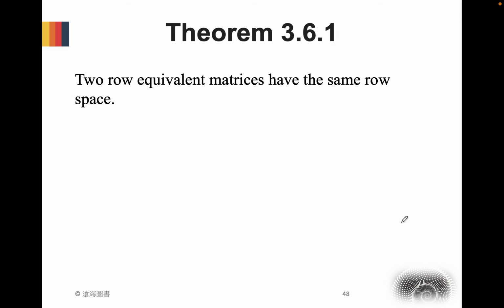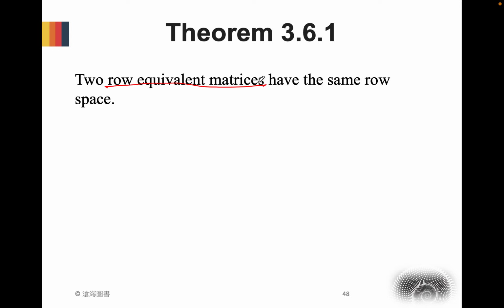So let's talk about Theorem 3.6.1. Two row equivalent matrices have the same row space. Do you remember what a row equivalent matrix is? That means when we do a series of row operations, we can reduce two matrices to the same matrix.